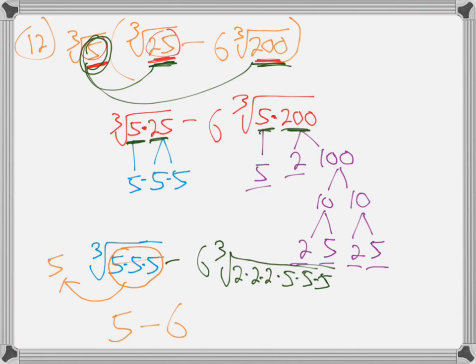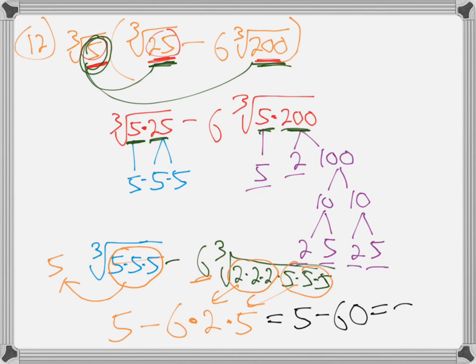Minus 6 times, that 6 on the outside sitting there waiting. 3 2s in, ships 1 2 out. 3 5s in, ships 1 5 out. And the root's going to vanish because there's nothing left in the root there. So that's going to become 5 minus, what's that, 60? Which is minus 55.